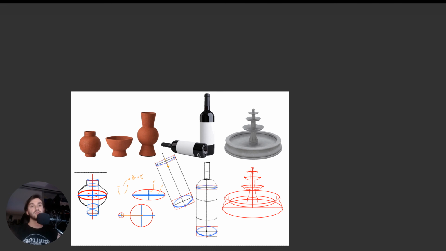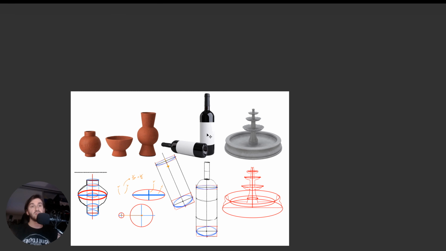Drawing ellipses, understanding ellipses is kind of hard. I have been drawing them for many years now, and I still can say sometimes it baffles me how they work, and sometimes to get them right is extremely hard. But if you actually spend a lot of time to learn how to draw them, then drawing pretty much everything will become way easier.